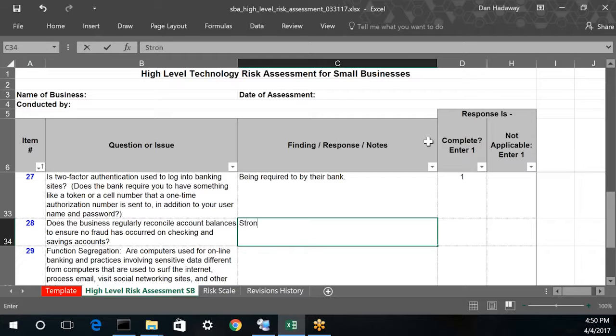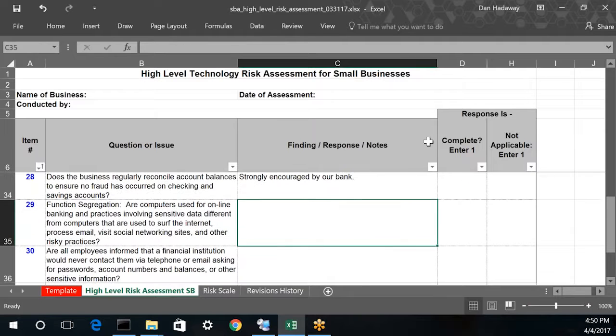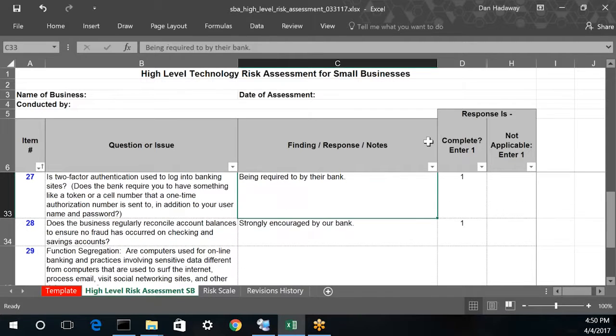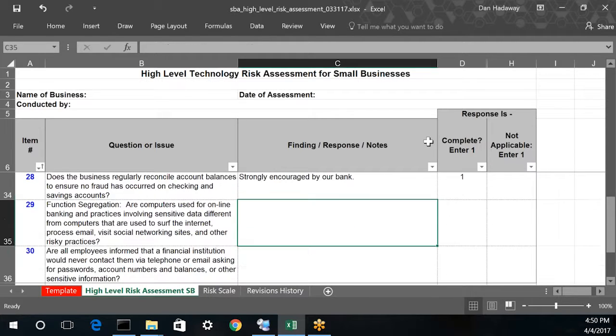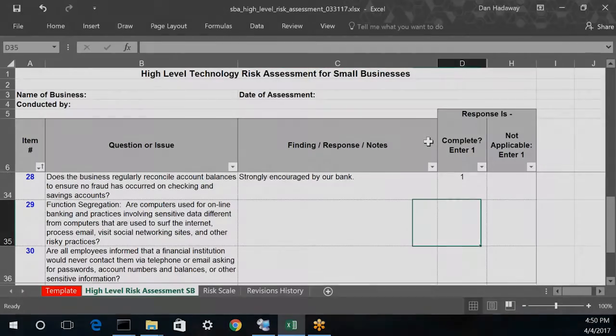I'm hoping that your bank has strongly encouraged you to reconcile your accounts on a regular basis. It's so much easier now, we have all this real-time reconciliation, but boy, we better check it regularly, even if we only need to monthly, because a lot can happen in a month.